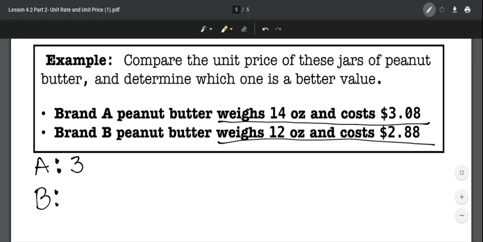Therefore, we would do the price divided by the units for each of these problems.